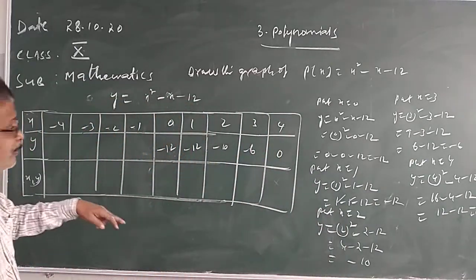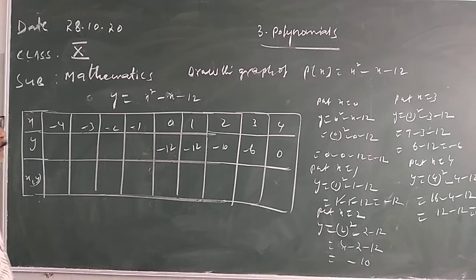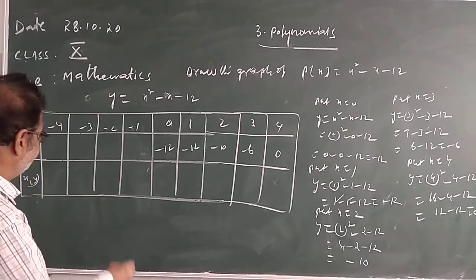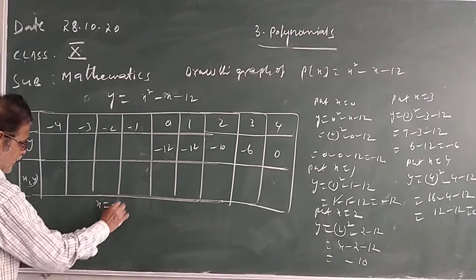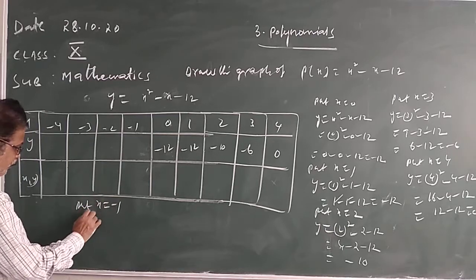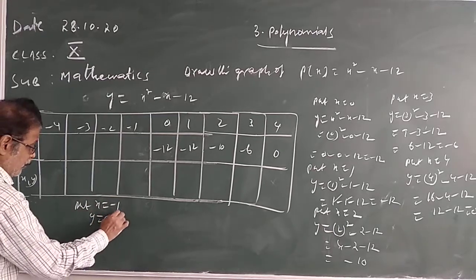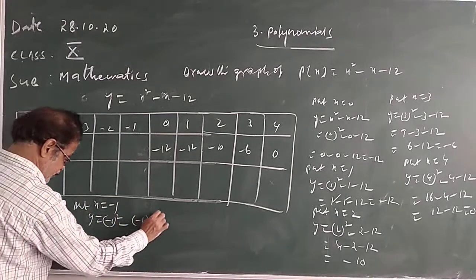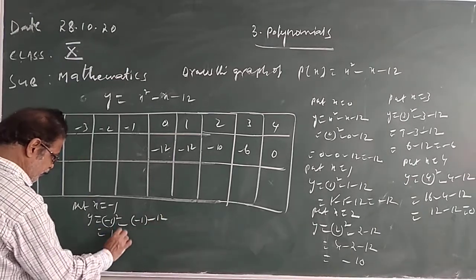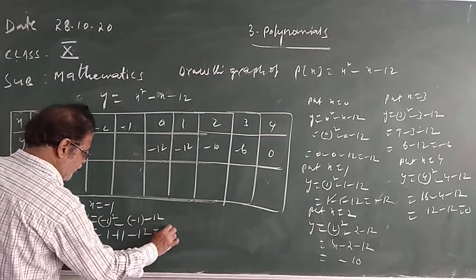Now negative values. Put x is equal to minus 1, y is equal to minus 1 square minus of minus 1 minus 12. 1 plus 1 minus 12 is minus 10.